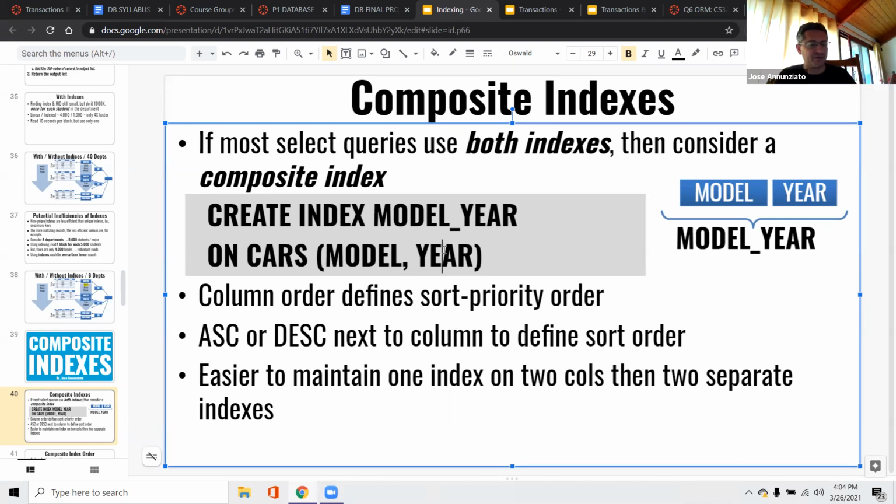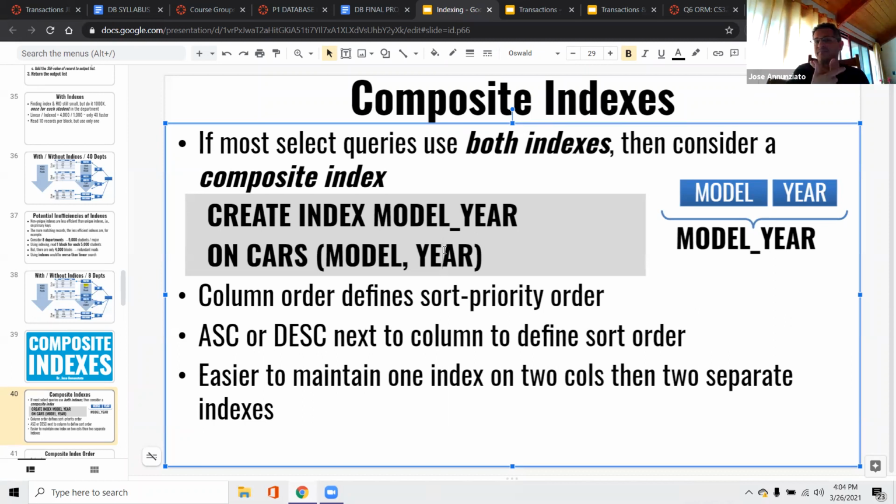So that when you're finding something and doing binary search, you would traverse this tree with the concatenation of those two fields, as opposed to just one of them. Now you could create a model and year concatenation, either starting with model and year, or you can switch them, right? It could be year model.